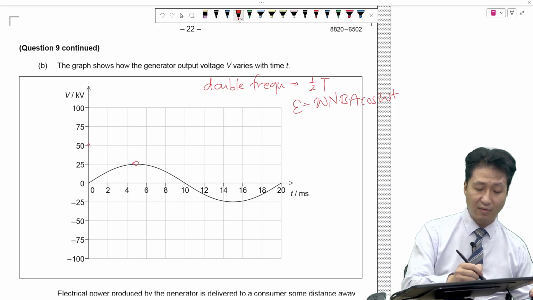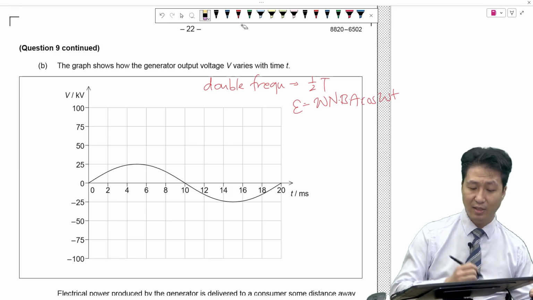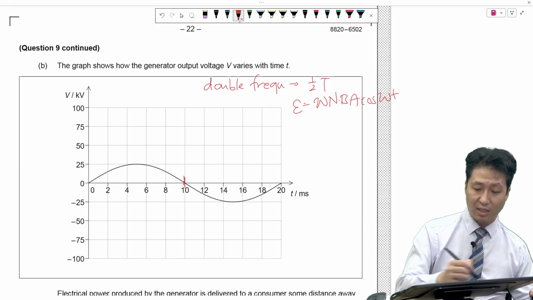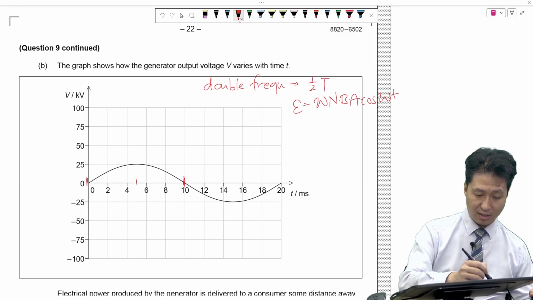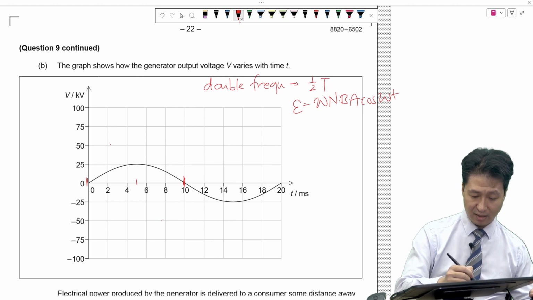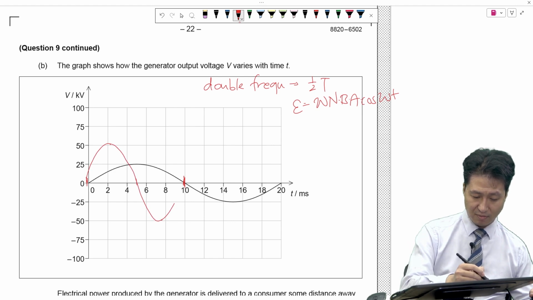So instead of having a peak of 25 kilovolts, it will have a peak of 50 kilovolts. Next, it's half the period, so one full wave should fit between 0 and 10. Putting that together, let's put some guiding dots. It will look something like this.